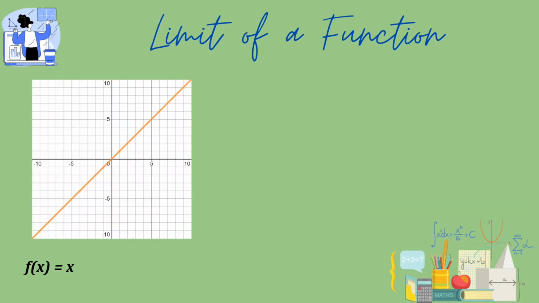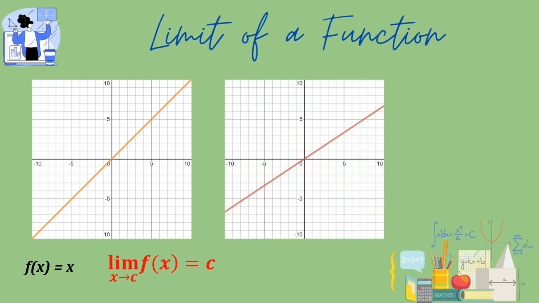Given the function f of x equals x, we consider this line with y equals c when x is equal to c. Hence, as x approaches a certain value, the y values approach the same value, or the limit of f of x as x approaches c is equal to c. Now, if we look at this line, which is the graph of f of x equals 2/3 x, for any x value, the corresponding y value is simply multiplied by 2/3.